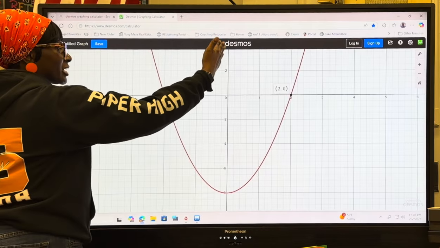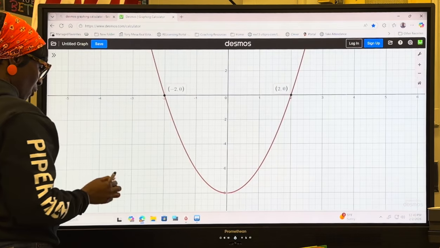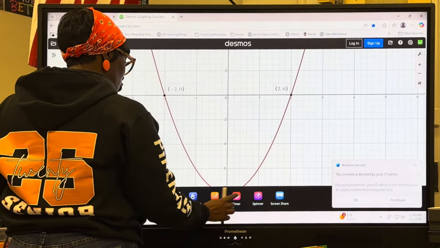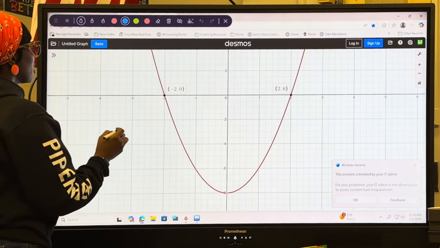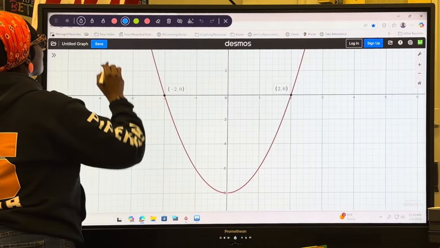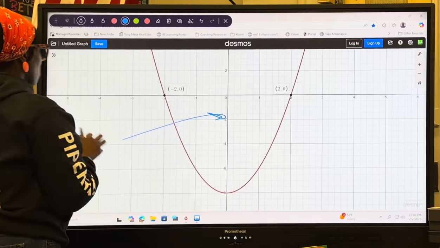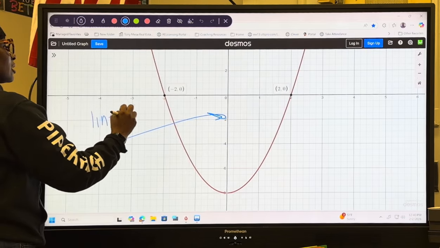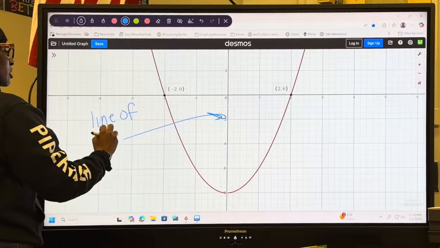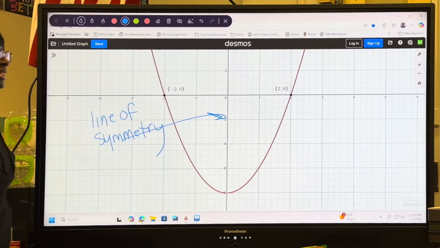This line, do y'all agree this line falls right in the middle? Yes? I want you to write this down because this is what this line will be called. Just make a quick U. It is called our line of symmetry. What is the line of symmetry?